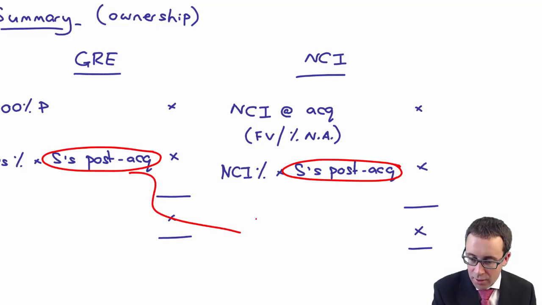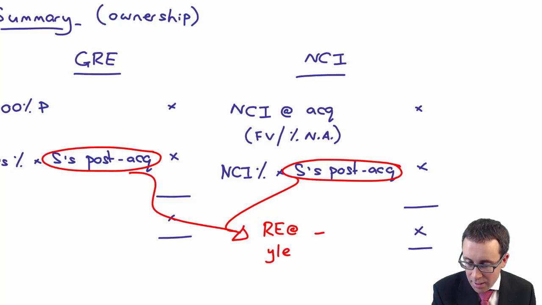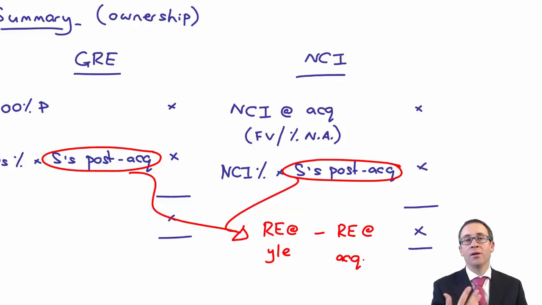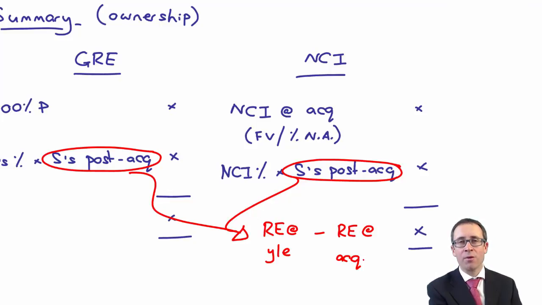So the figures that we're going to calculate is that we take the retained earnings at year end, and we deduct the retained earnings at the date of acquisition. That looks at your post-acquisition movement. Hopefully you've understood all that and are happy with it.